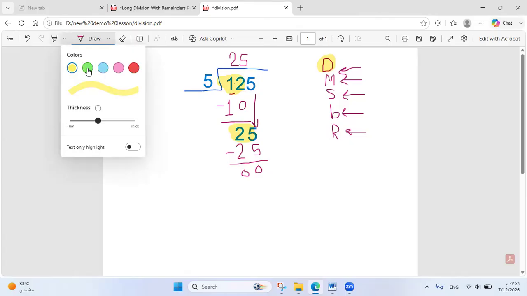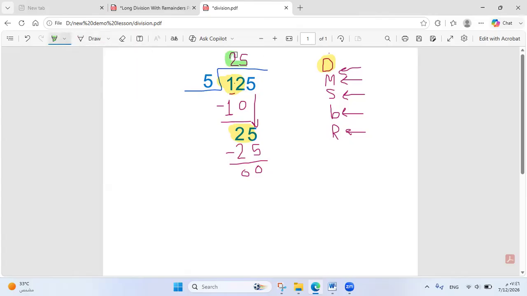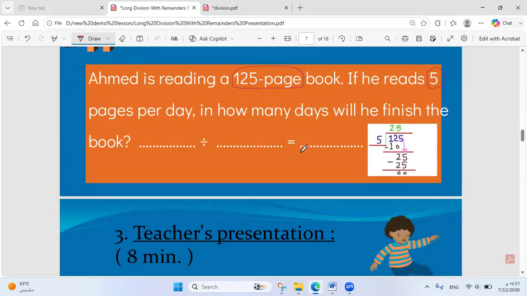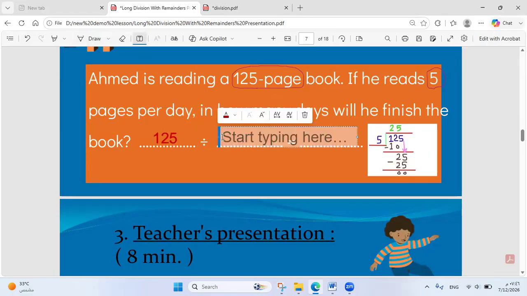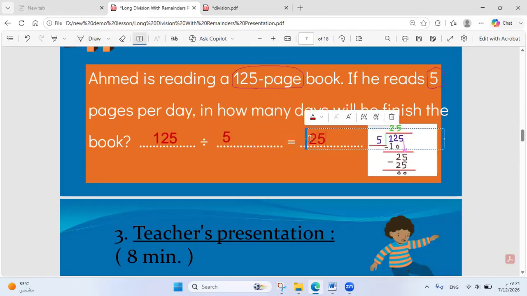The answer is 25. So if we return to our question, the answer is 25 days. So Ahmed can finish the pages of the book in 25 days. If he reads 5 pages each day, he will finish the book after 25 days.